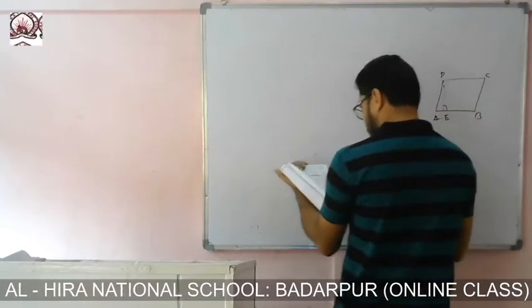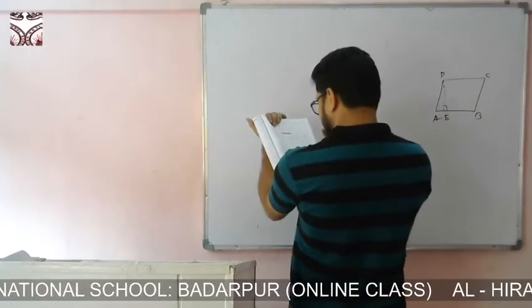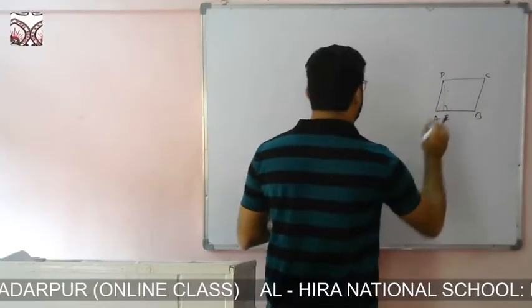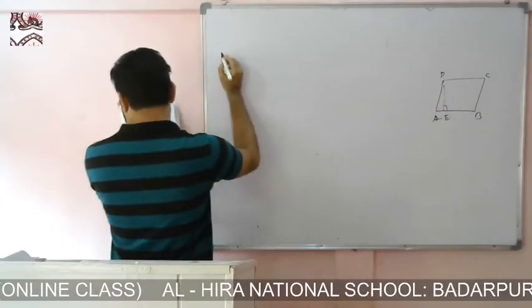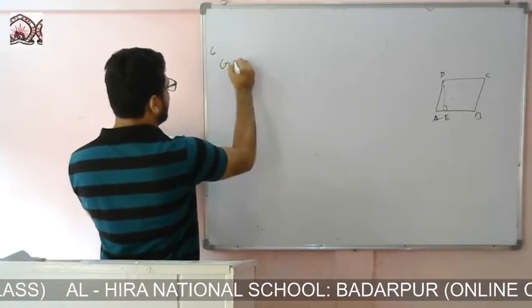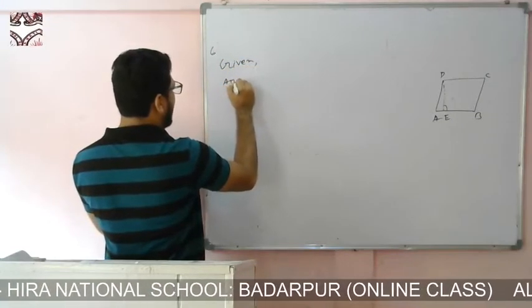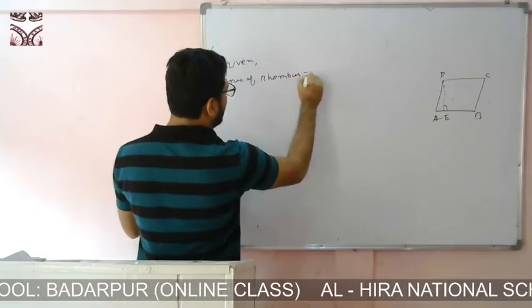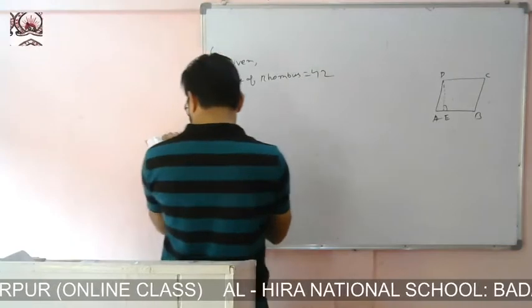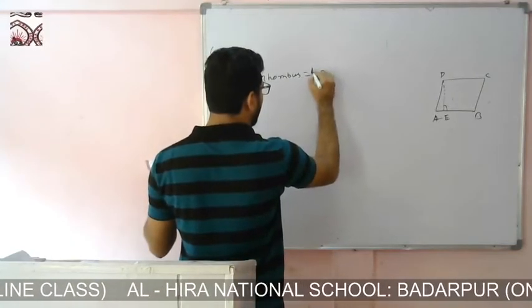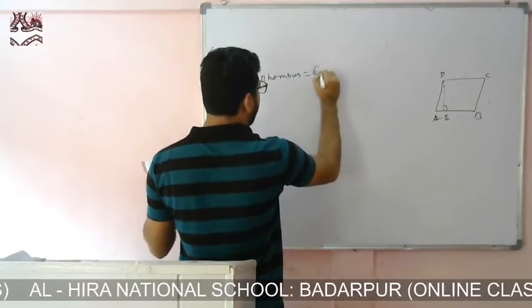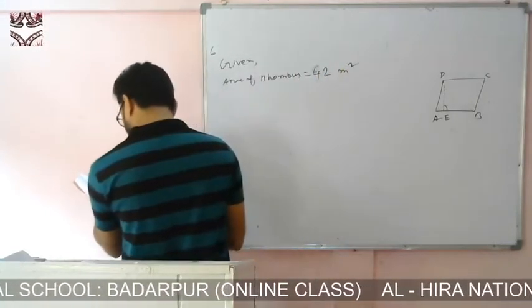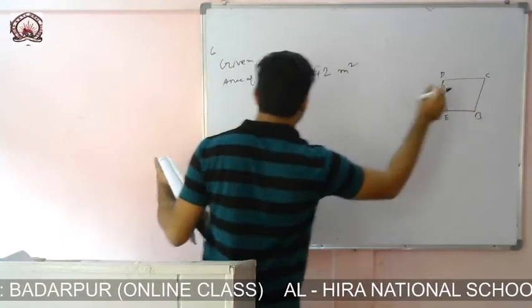The question is that the area of a rhombus is 42 meter square. So write number 6. Given: area of rhombus equals 42 meter square.